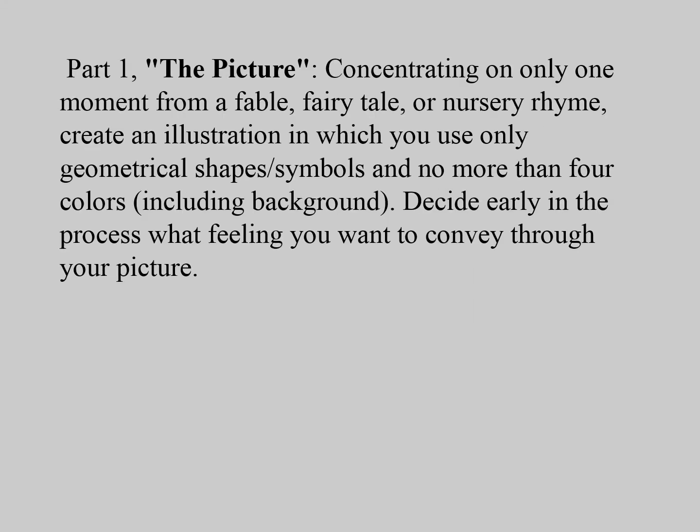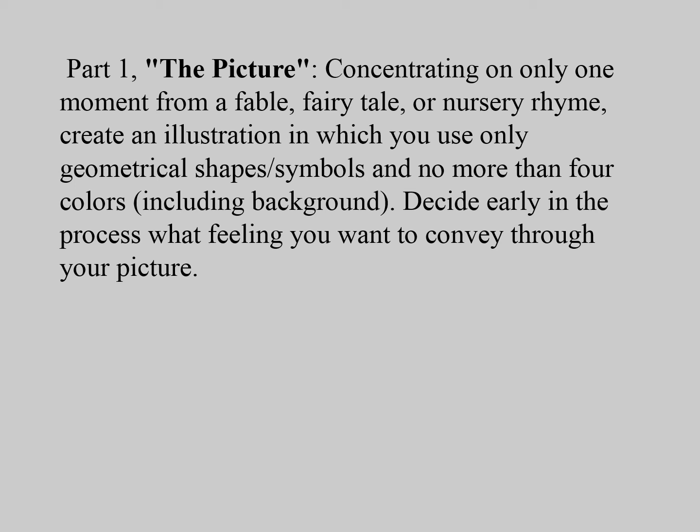So part 1 of this project, and really where you need to start in your project process, is creating the picture. You're concentrating only on one moment from a fable, fairy tale, or nursery rhyme that you need to choose. And you need to create an illustration in which you use only geometrical shapes or symbols and no more than 4 colors, including the background. So you should decide early in the process what feeling you want to convey through your picture.